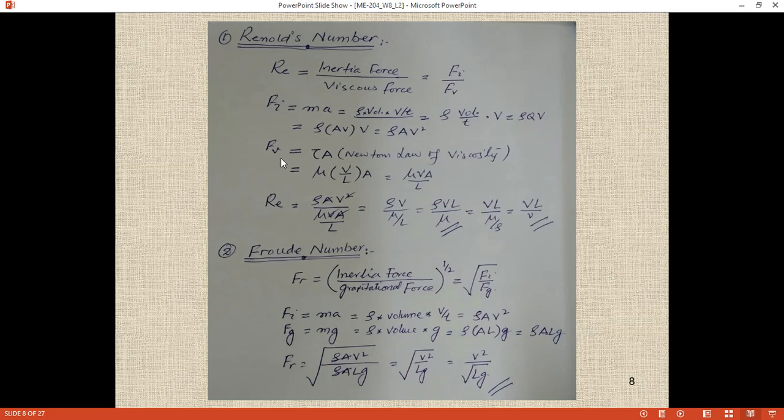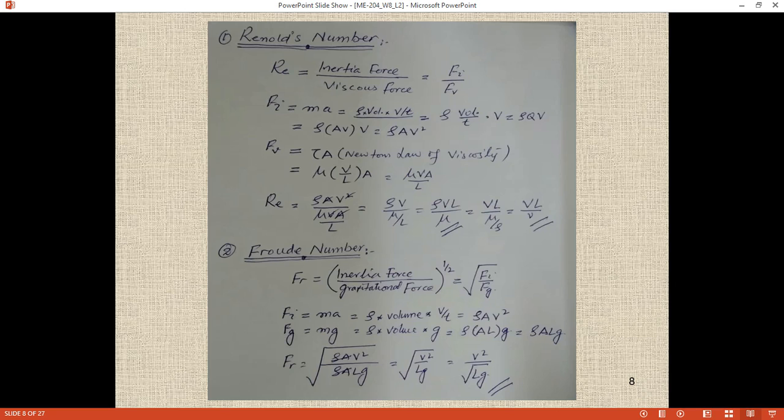Now the viscous force. According to Newton's law of viscosity that we derived in the topic of viscosity, shear stress is equal to mu times the velocity gradient.